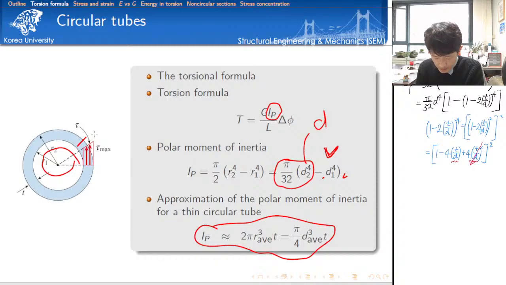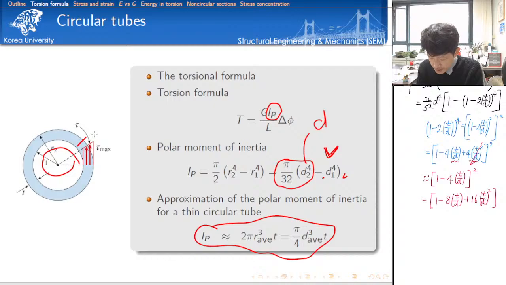If you do that, then it is approximated as 1 minus 4t over d, and then it's squared. Then this becomes 1 minus 8t over d plus 16 t over d squared.